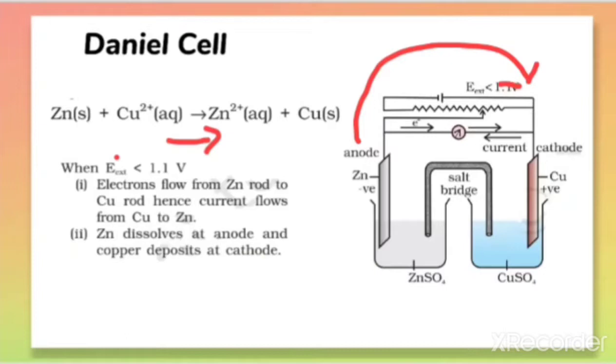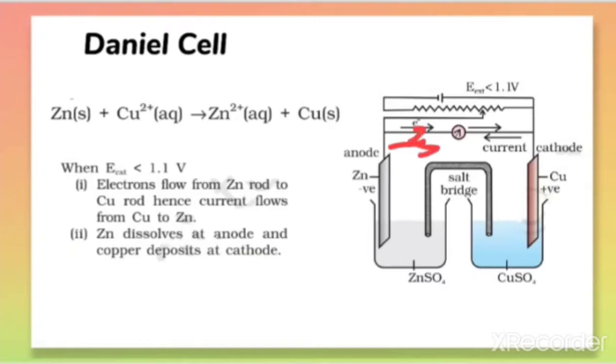But since the electron moves in one direction, the current flows in the opposite direction, that is from copper to zinc, as given in the diagram. During this, the zinc dissolves at the anode and the copper deposits at the cathode. So when E external is less than 1.1, the flow of current will be from copper to zinc.